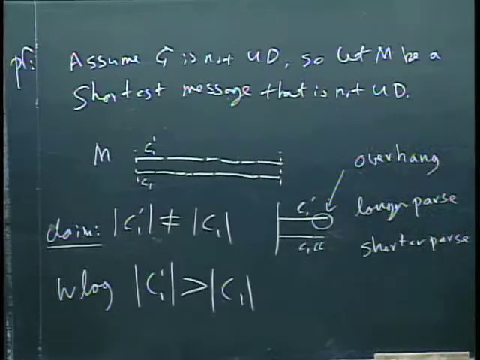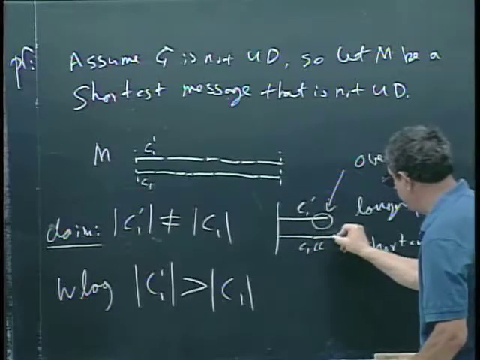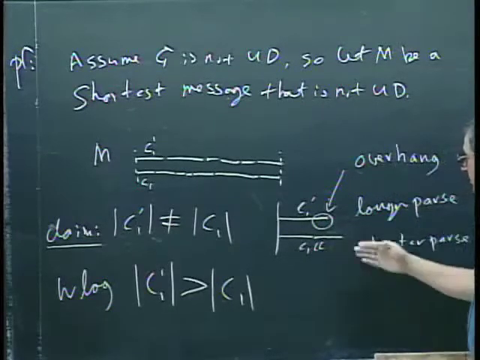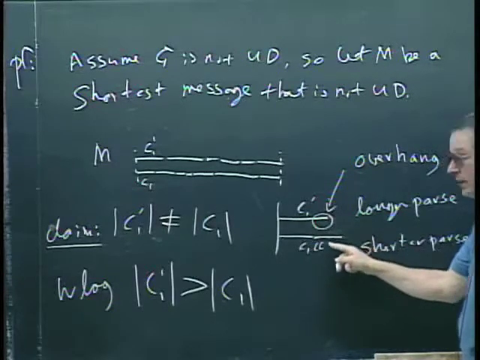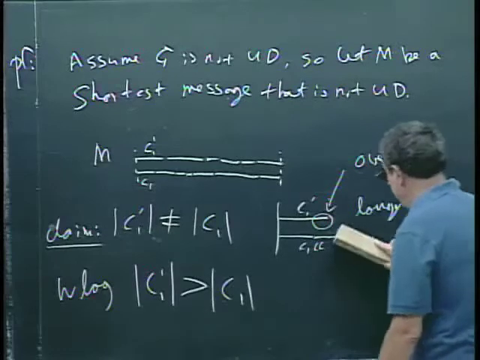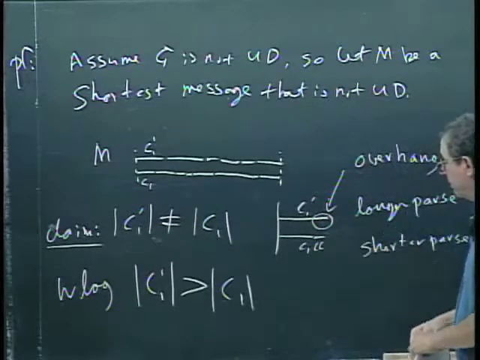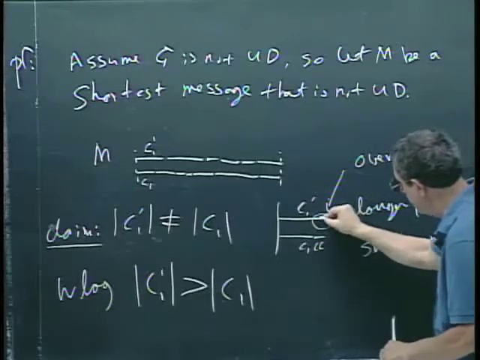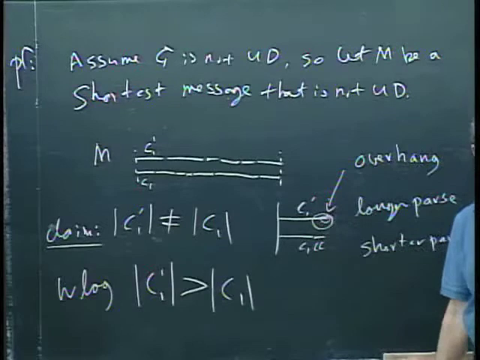But what happens in either case, the overhang changes. If CC is long and makes this the new longer parse, then this is the new overhang. And if we add in something that's short, then this is the new overhang. It's just a suffix of the previous overhang, right?